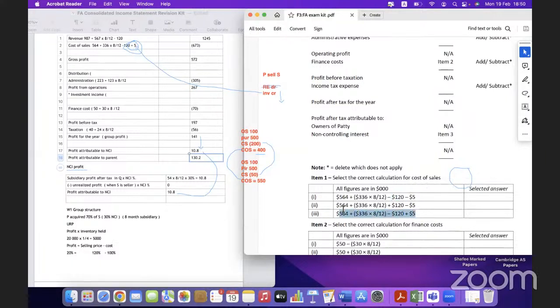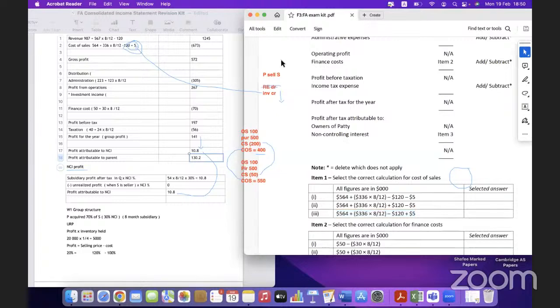Then this Roman number 3 should be the correct answer. So, guys, when you select this option in the exam, your answer will get updated there. So, they are simply asking from you the working. Like, how did you get your cost of sale? What was the working behind it? So, this working is Roman number 3.